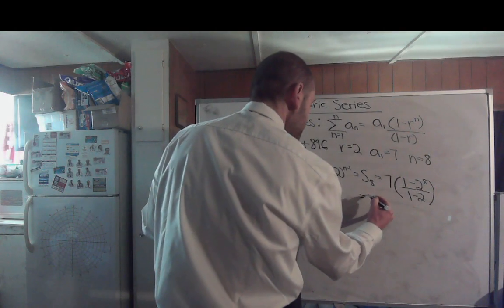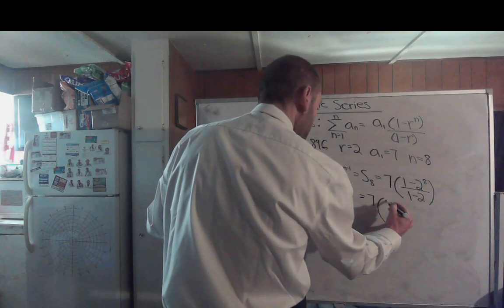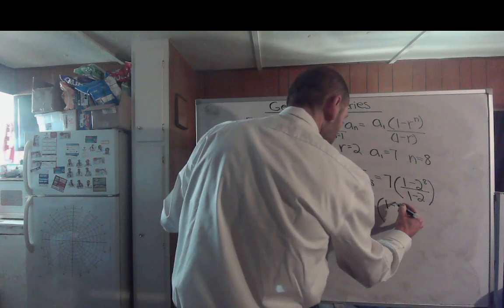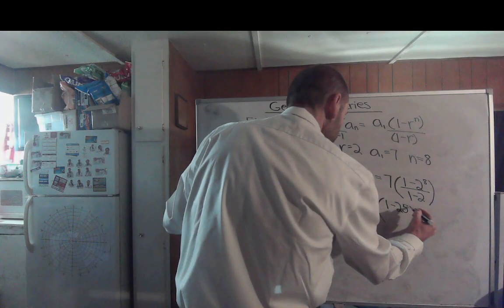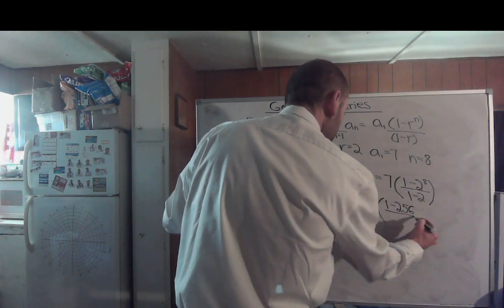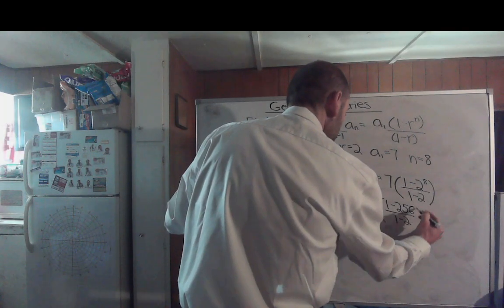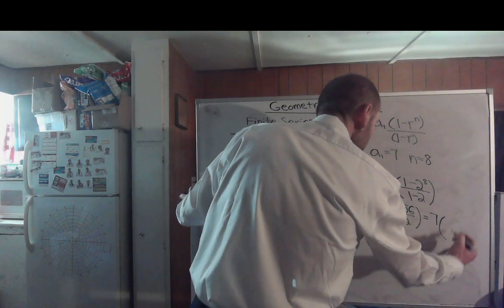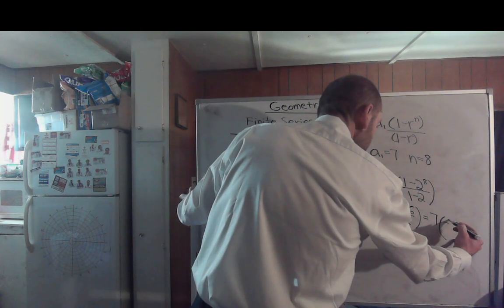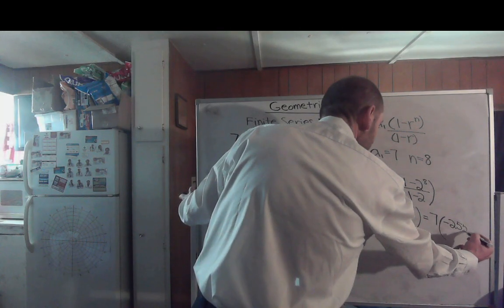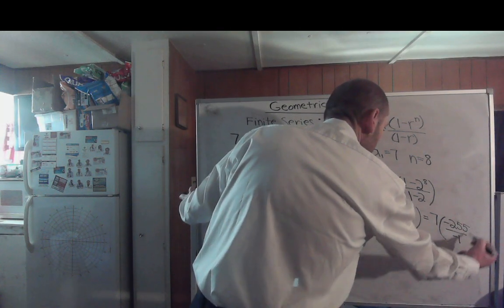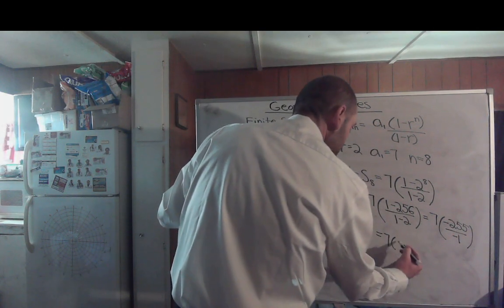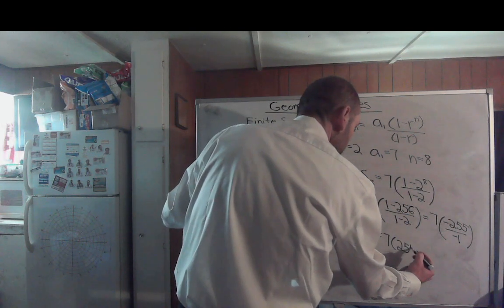So we'll have 7 times 1 minus 2 to the 8th, which is 256, all over 1 minus 2. Well, that just gives me 7 times negative 255 all over negative 1, which would end up just giving me 7 times 255.